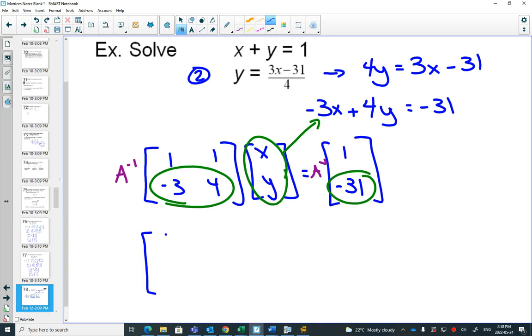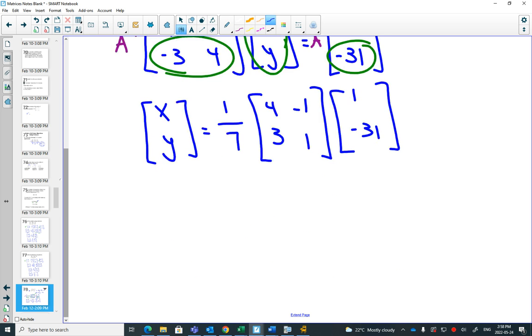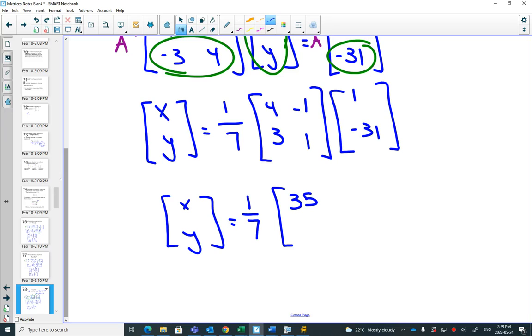And we would get matrix xy equals, the inverse here, 4 minus a negative 3 will be 1/7. Switch them, switch the signs. Again, keep that fraction out until the end, unless you really love multiplying by fractions and adding fractions. Multiply and add, so I get 35 up there.